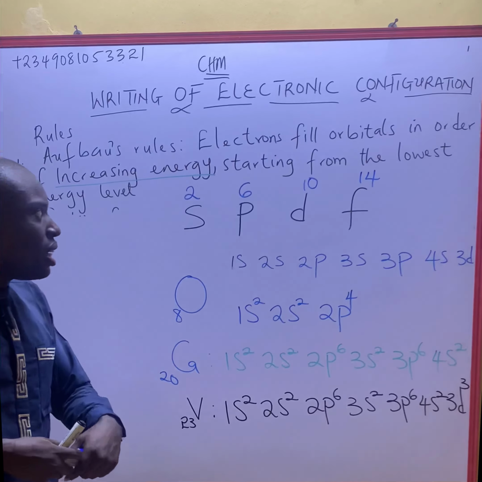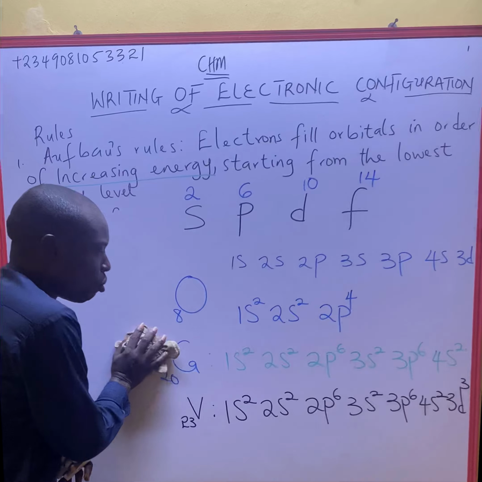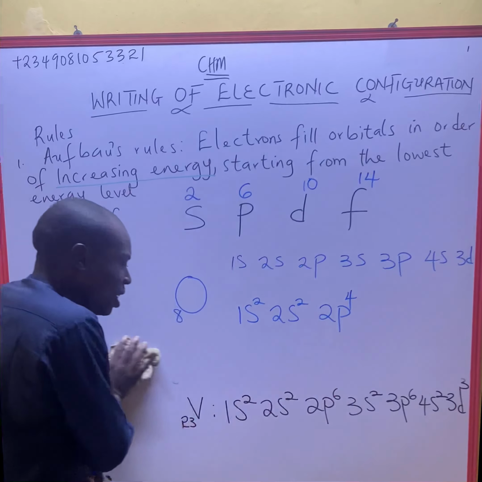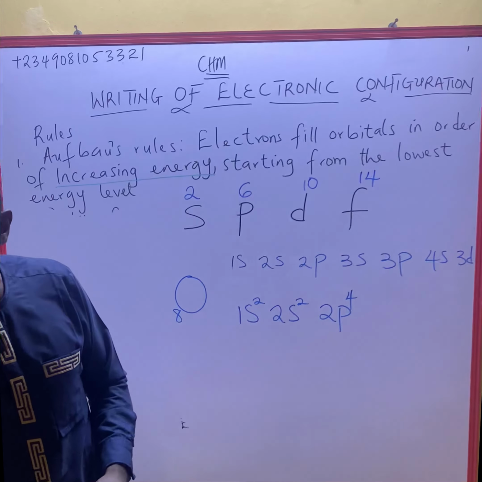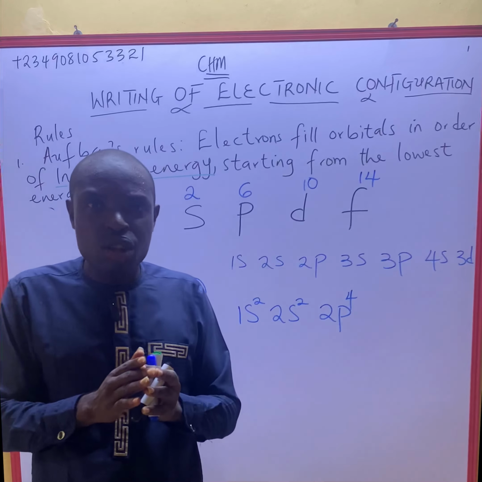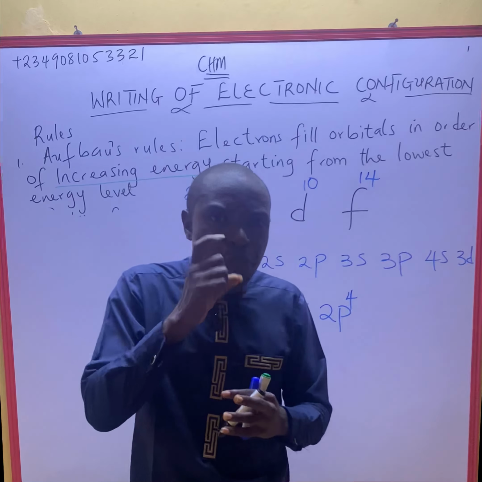Is that understood? Now, we've talked about the Pauli's exclusion principle. We said that according to it, no two electrons must behave in the same manner, meaning that they should be of opposite spin.